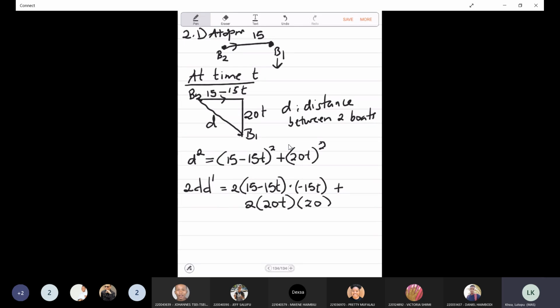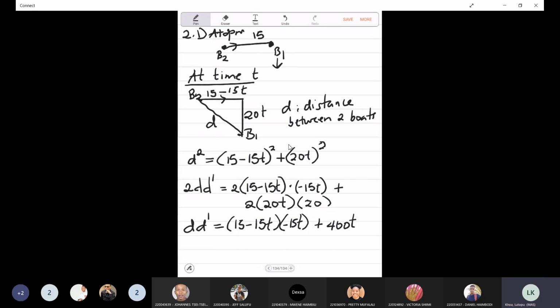So we can also divide by 2 throughout. So I have d times d prime. This is (15 minus 15t) times minus 15, plus 400t, like that.